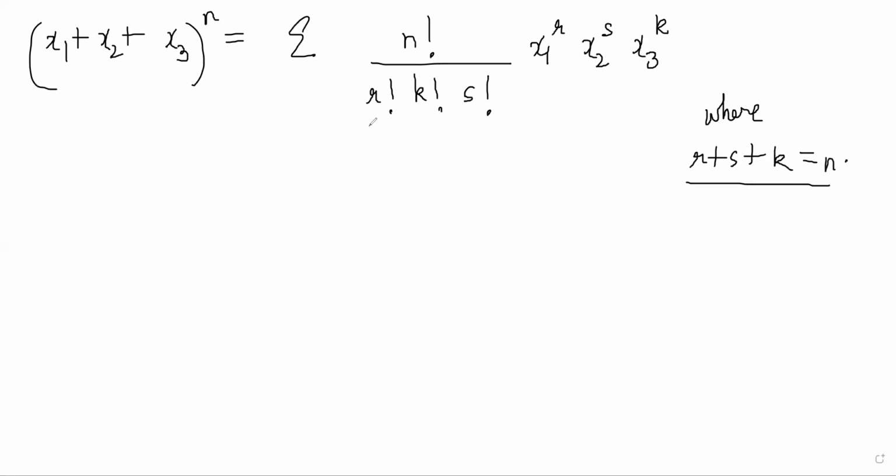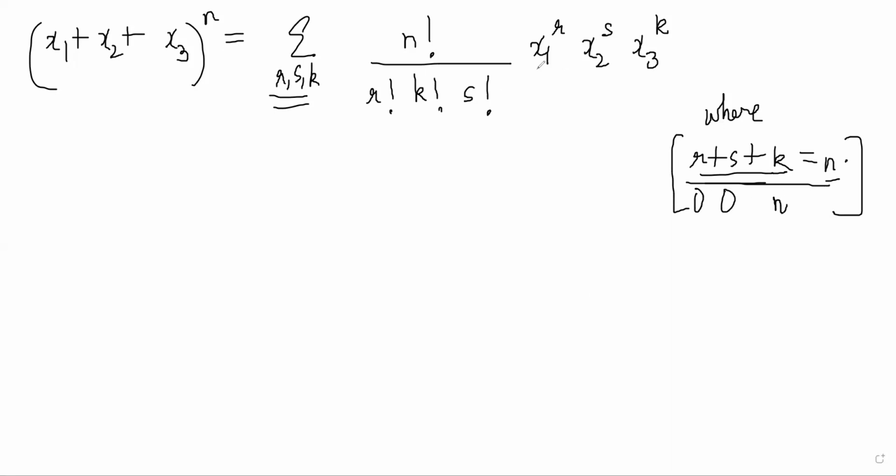Terms like this, where this is overall r s k. Everything in r s k could vary. Basically, you are going to get many terms, all the terms which are possible, which will add up to n, right? All combinations. So you could have a term which has just 0, 0 and n.